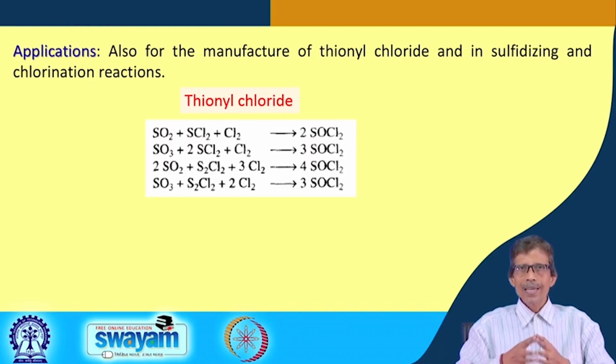In all these cases, we are using either monosulfur dichloride or disulfur dichloride. You have to have some oxygen donor. So, we are using 2 types of oxygen donor molecules, sulfur dioxide and sulfur trioxide, in presence of the required amount of chlorine gas.